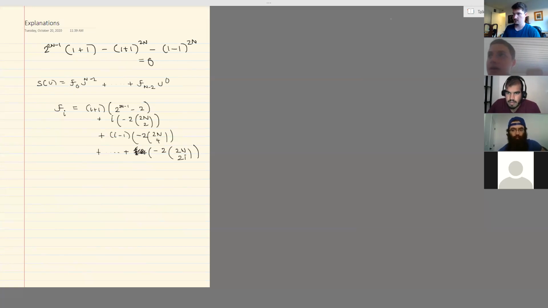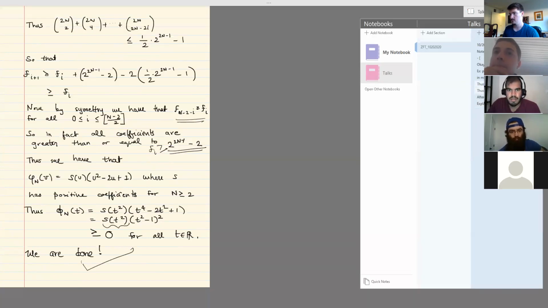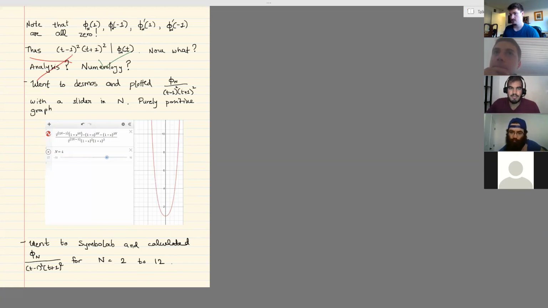Yeah, so I think Thomas had another question back on the previous slide. Right. Why is it t squared minus 1 squared? Let's see. Well, the thing is that this was divisible by t minus 1 squared, and it was also divisible by t plus 1 squared. So unless I wrote t squared plus 1 somewhere, I don't think I was intending to divide anything by t squared plus 1.